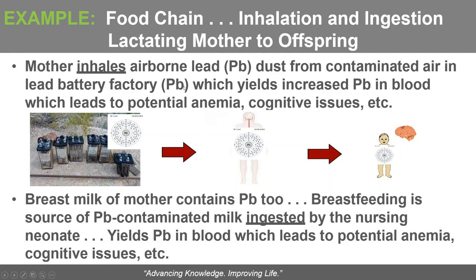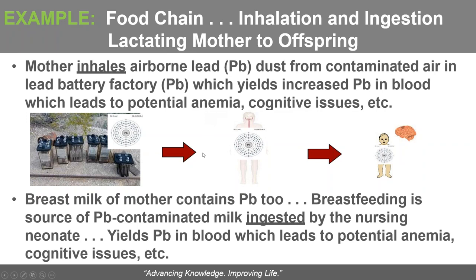It may or may not be at a level that results in manifestation of illness to the exposed mother, but the level may be high enough that once it's systemic, it can be present in the mammary milk, and the lactating child consumes that milk, and now they're indirectly exposed to the lead that originated from this source.